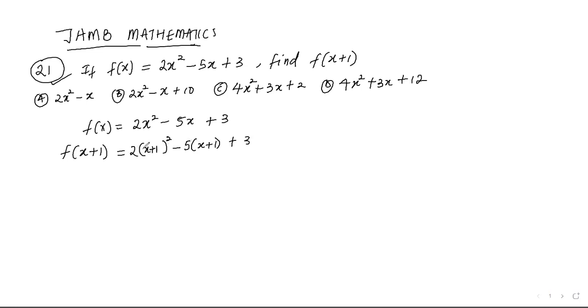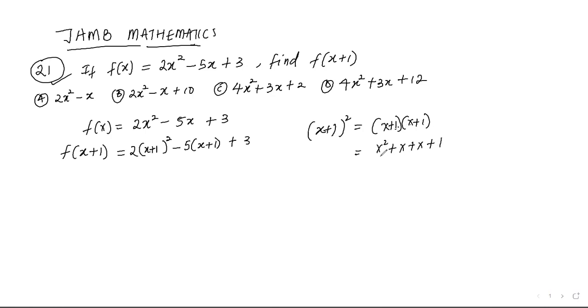The next thing you want to do, you go ahead and simplify all of these. x plus 1 squared is actually x plus 1 times x plus 1. And distributing this, you have x times x is x squared, x times 1 is x, 1 times x is x, and 1 times 1 is 1.